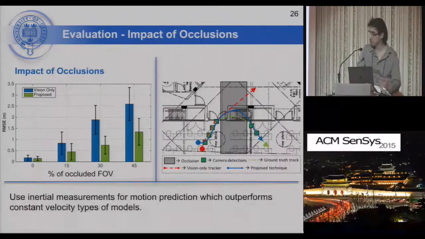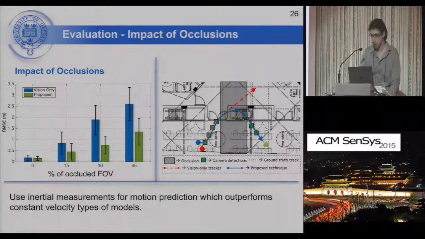Intuitively, you can see why this is happening using the second figure, where the gray box is the occlusion. Basically, it's an area where we don't have visual observations. The red line is the constant velocity model. The blue line is our technique, and the green line is the ground truth.